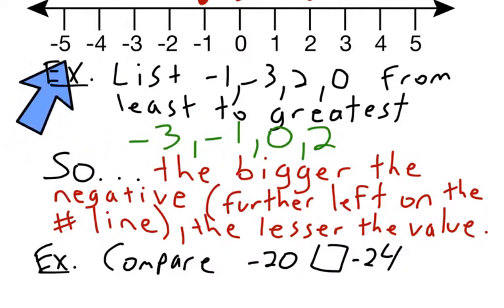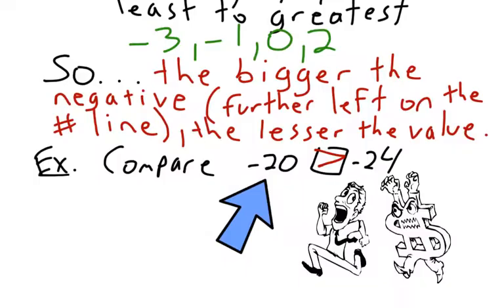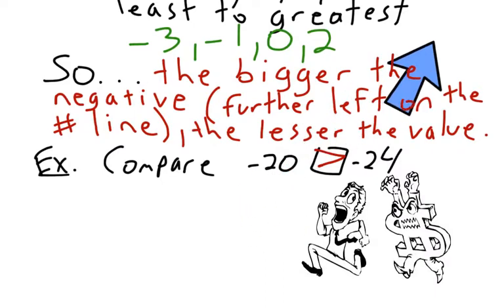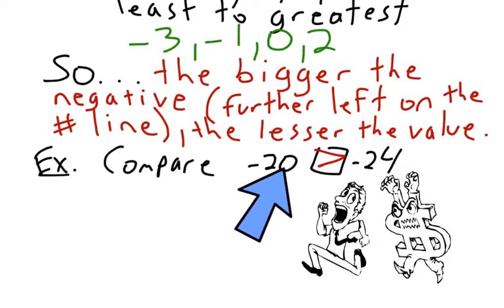So the numbers that are further to the left are lesser, so I'm going to say that -20 is actually greater than -24. In other words, I would rather owe somebody $20 than $24, or $20,000 than $24,000. So that's why -20 is greater. It's more in the plus. It's more in the positive direction.